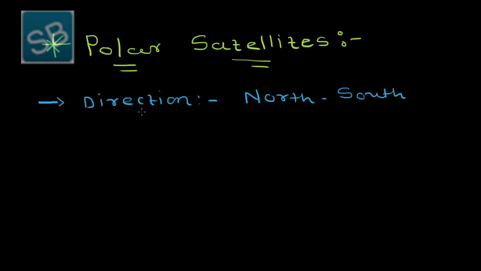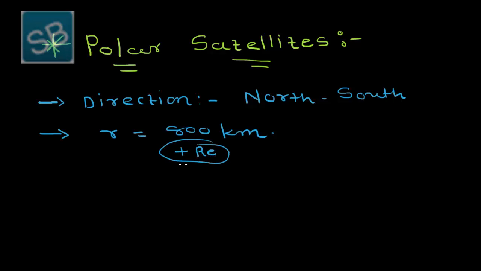Their height from the surface of the earth, meaning the value of h given over here, is 800 kilometers. So it is basically not so far off the earth, and you have to add plus Re, then you will get the actual value of r. So it is around 7,200 kilometers from the center of the earth.